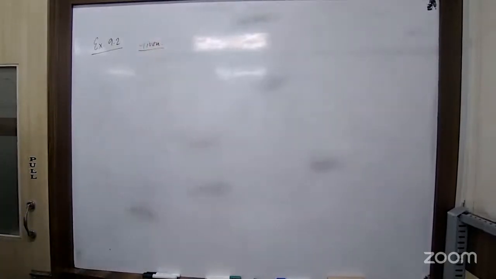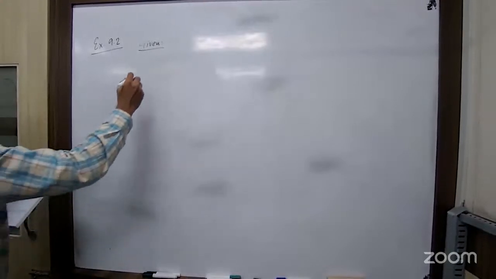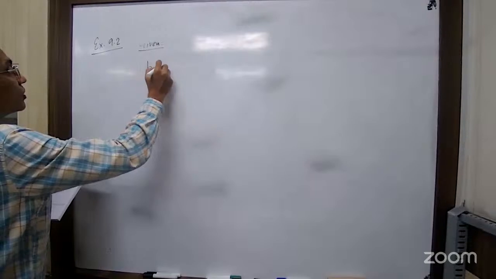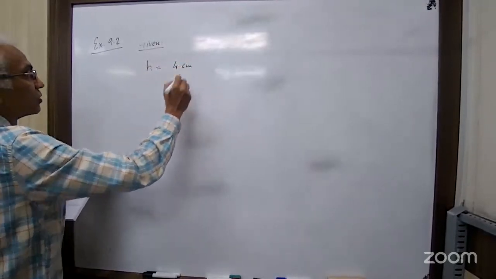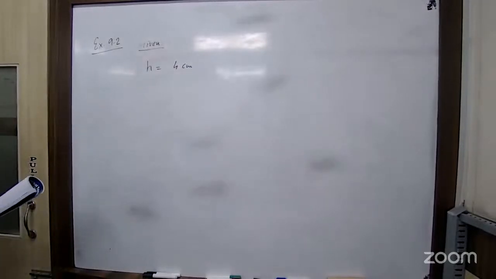You have to write down the given data with appropriate sign wherever applicable. Object size given is 4 centimeters. Yes, it is 4 centimeters. If it is positive, you can write it as it is.